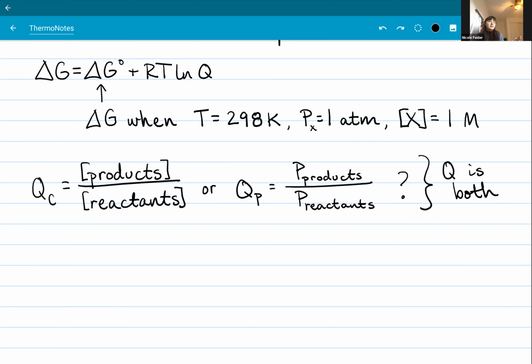Instead, Q will always use the concentrations for aqueous substances and the partial pressures of gaseous ones.